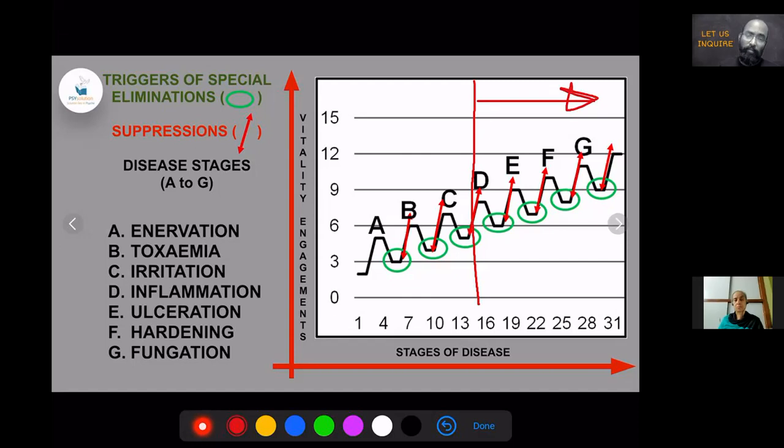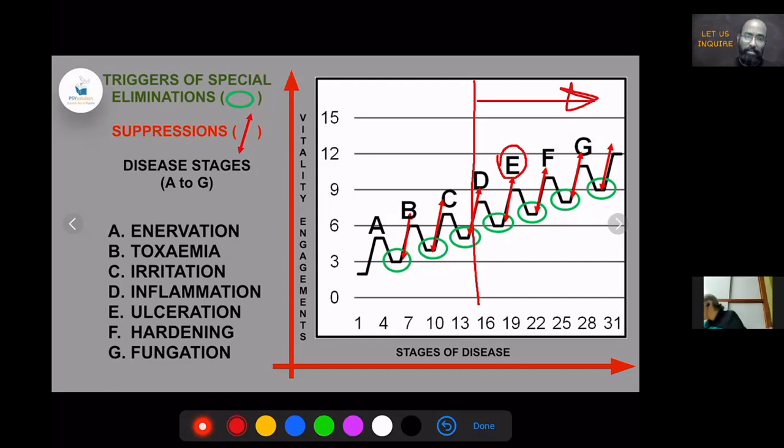Now, inflammation, if we are probing into the inflammation with suppression, then the body tries to throw the toxin by tearing up the skin internally or externally. That is what is the ulceration. By making ulcer, the body tries to throw the toxin. So there is no skin disease as such.